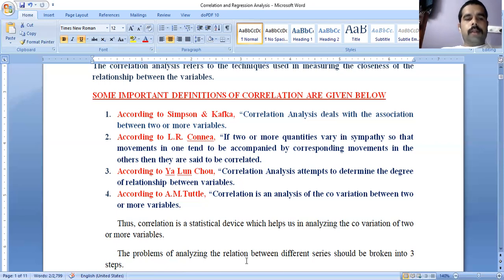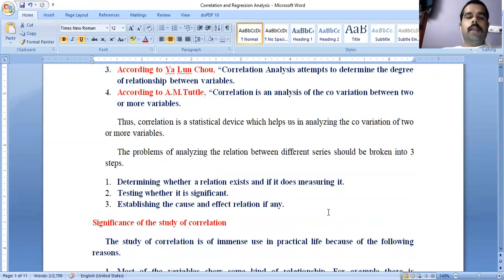Thus, correlation is a statistical device which helps us in analyzing the covariation of two or more variables. The problem of analyzing the relation between different series should be broken into three steps.